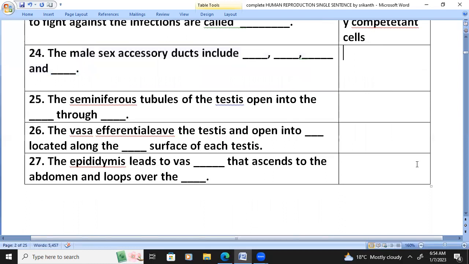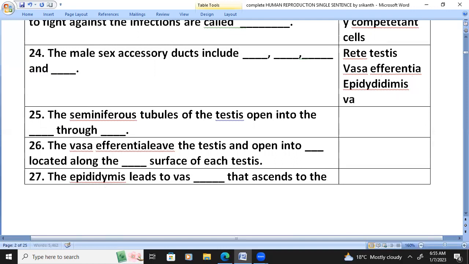The male accessory ducts include rete testis, vasa efferentia, epididymis, and vas deferens.